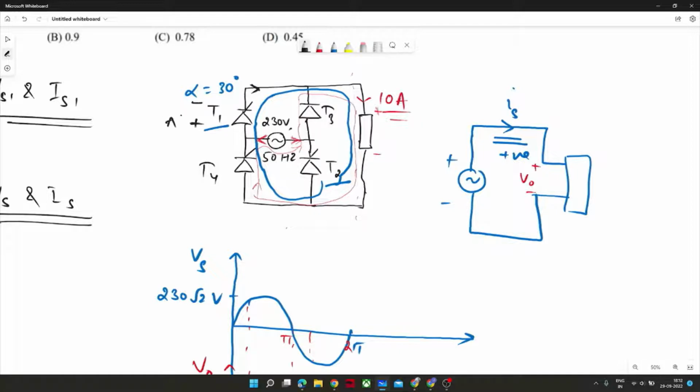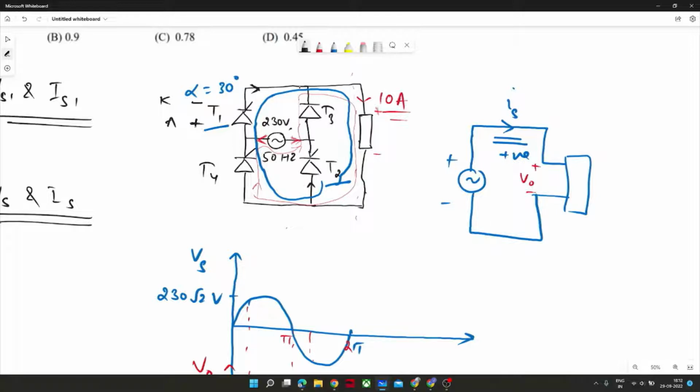Any current will flow in a thyristor from anode to cathode. So this is anode, this is cathode. So current will flow from anode to cathode in T1, and in a similar manner in T2, right? In T2 also it will flow in this manner.